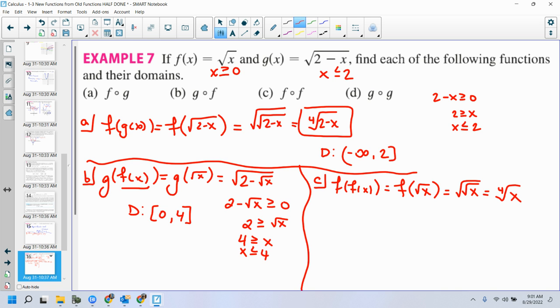The domain on F was greater than or equal to 0. Do I have to change that at all when I look at my final answer? Is it still greater than or equal to 0? Yeah. So my domain is 0 to infinity. It's got to be greater than or equal to 0.